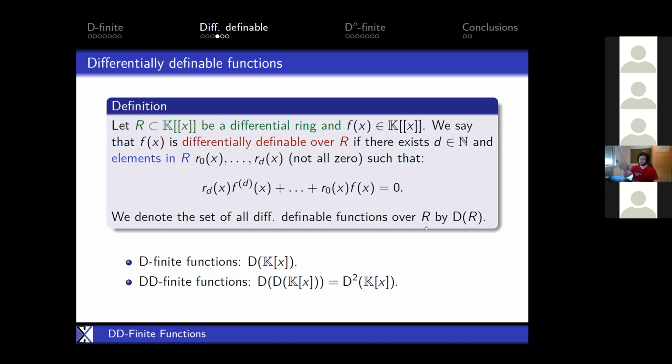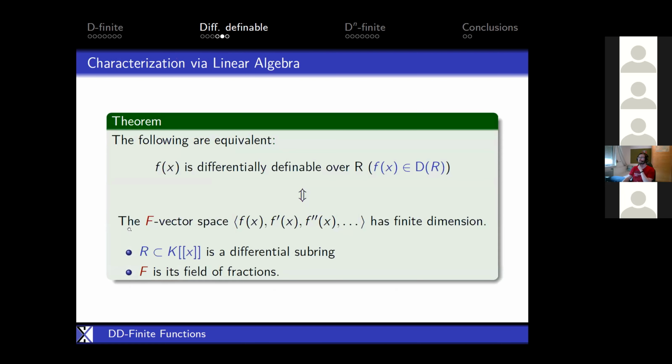As we can see, this definition extends directly the definition of D-finite functions, because D-finite functions are just the D of the polynomials, and DD-finite functions are just the D of the D-finite ring, the iteration.